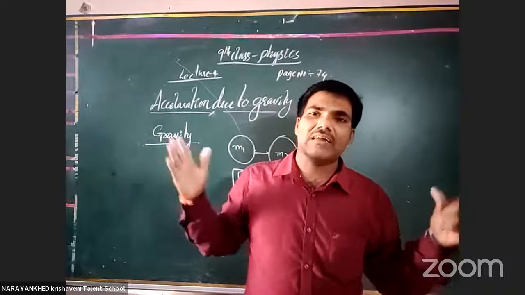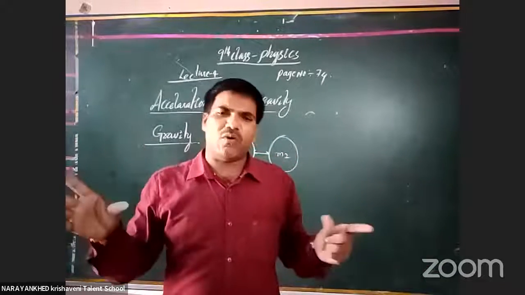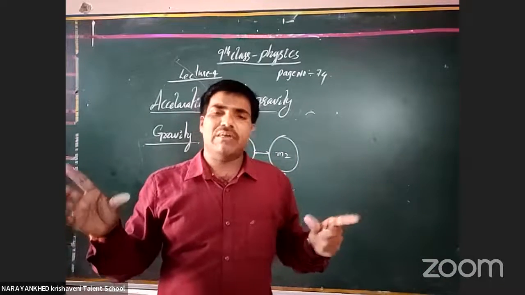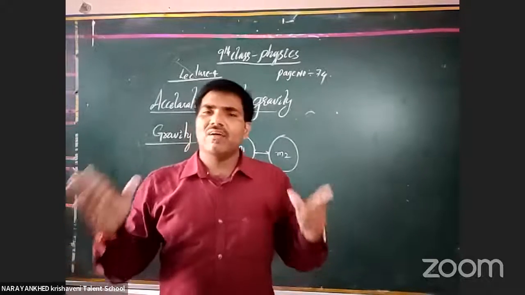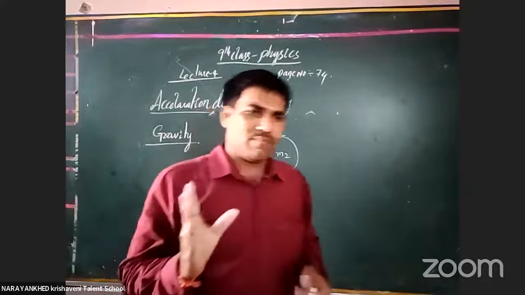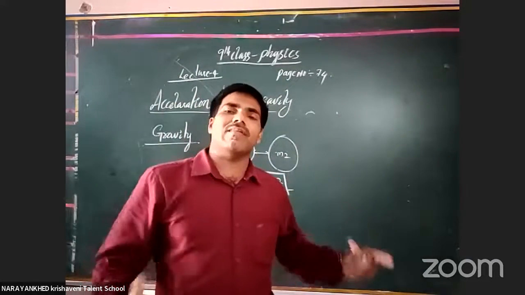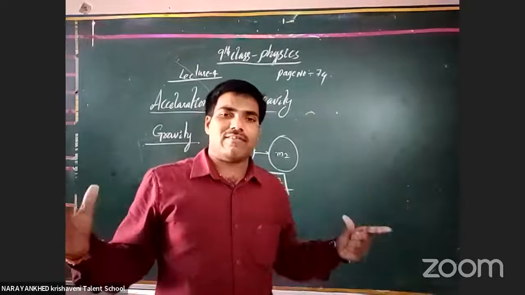Understand, all of you? Like that, gravitational force exists between every two bodies in the universe, but depending on the distances and depending on their masses, it will be active. Clear or not? Why do we look like we are coming towards the earth? Because the earth has a heavy mass.